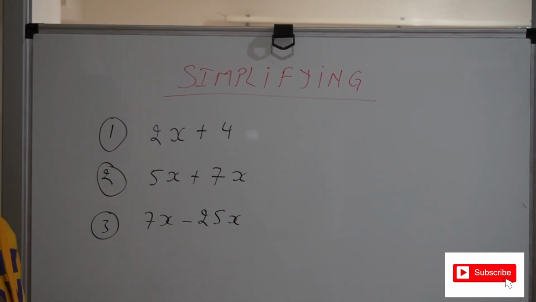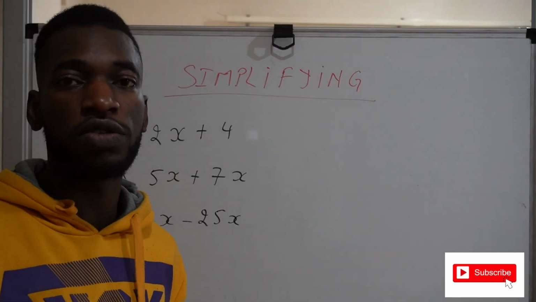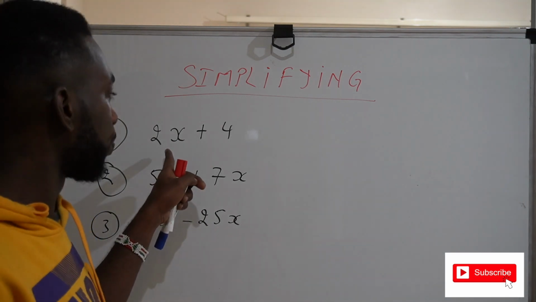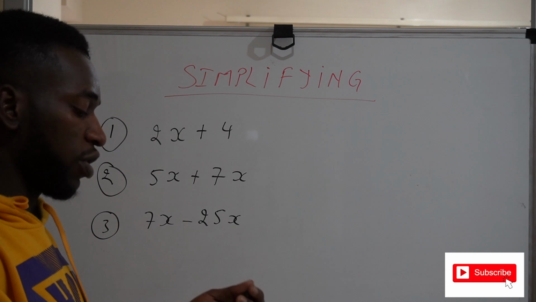For instance, if we keep it with those two examples, right? With just those two examples, what you can see is we have got 2x plus 4. Really, there's not much we can do with this, right?